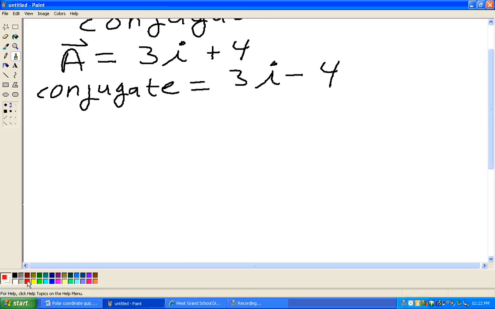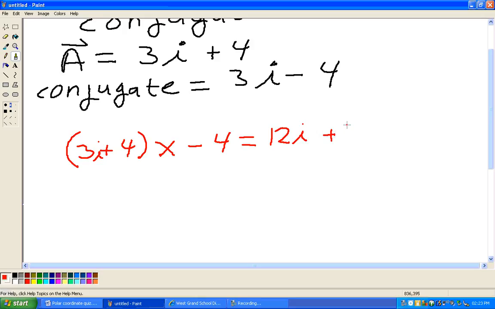We're going to use the conjugate if I end up with a problem like this. Let's say somebody wrote a problem where they had 3 plus 3i plus 4 times x, subtract 4, equals 12i plus 4.